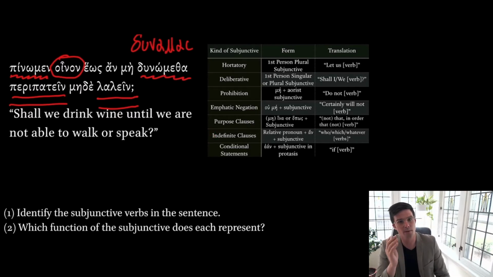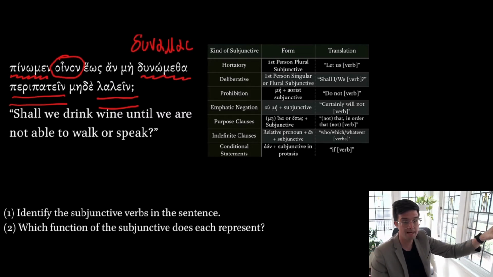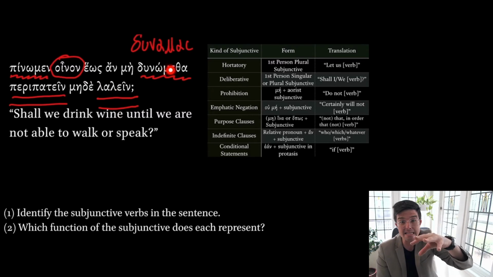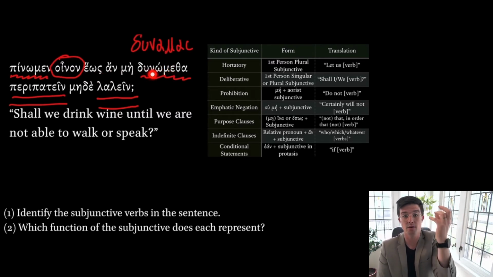And then the last thing that I want to note for you is that we have these two infinitives, until we are not able to walk nor to speak. Notice that these are completing the idea of the subjunctive verb dunometha. So to walk and to speak, they're depending on dunometha, and dunometha needs something to complete its meaning. Until we are not able, you need to something.